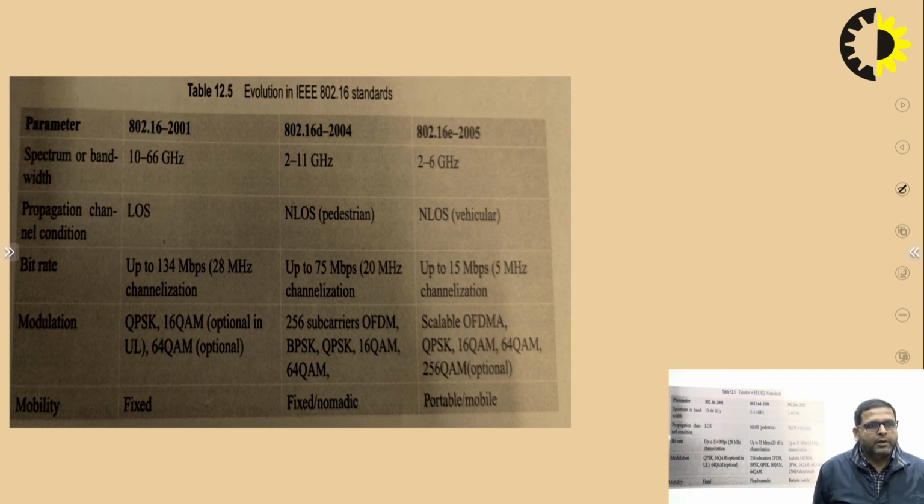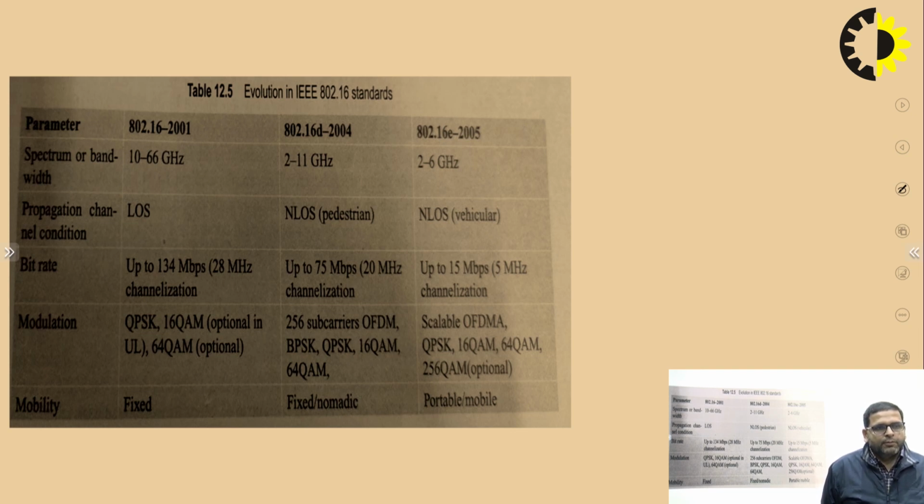In terms of bit rate, 802.16e supports a data rate of up to 15 Mbps, and 802.16 supports a 134 Mbps data rate. In terms of modulation, 802.16e uses OFDM, QPSK, 16 QAM, 64 QAM, and 256 QAM modulation schemes, while in 802.16 we are using QPSK, 16 QAM, and 64 QAM.